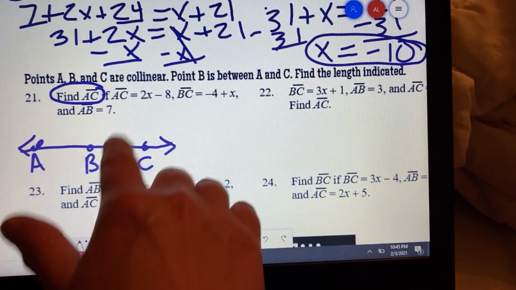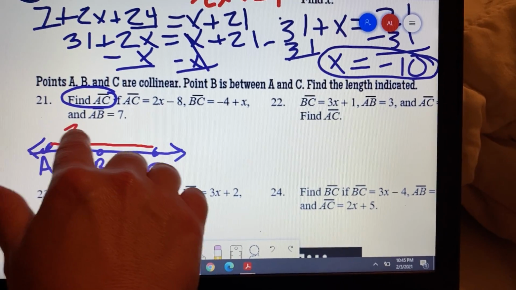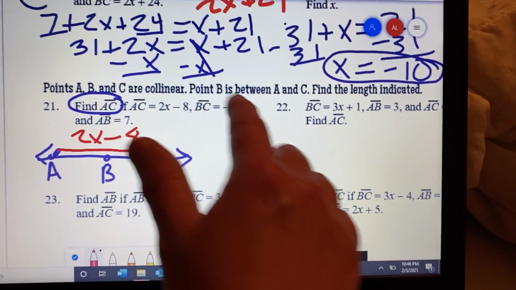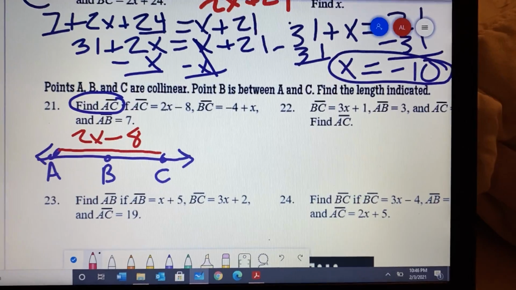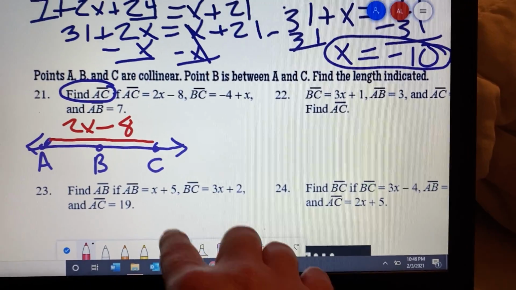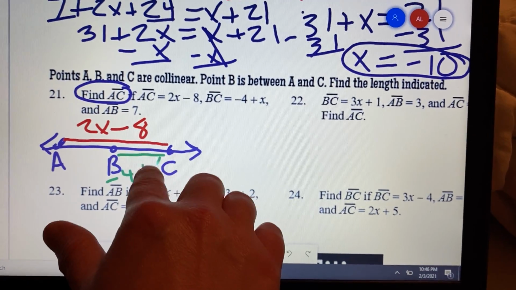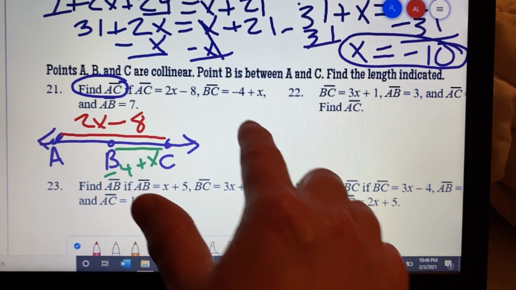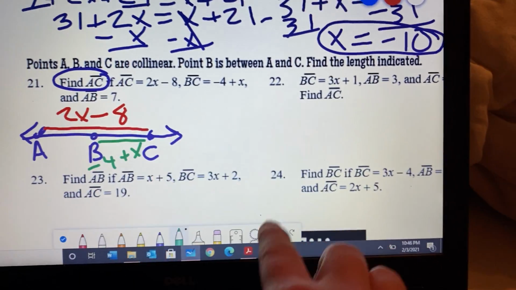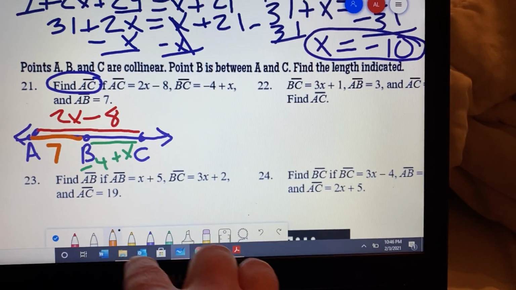It says that AC, the length of the whole segment, is 2x minus 8. And BC is negative 4 plus x. And AB is 7. So this piece is 7.